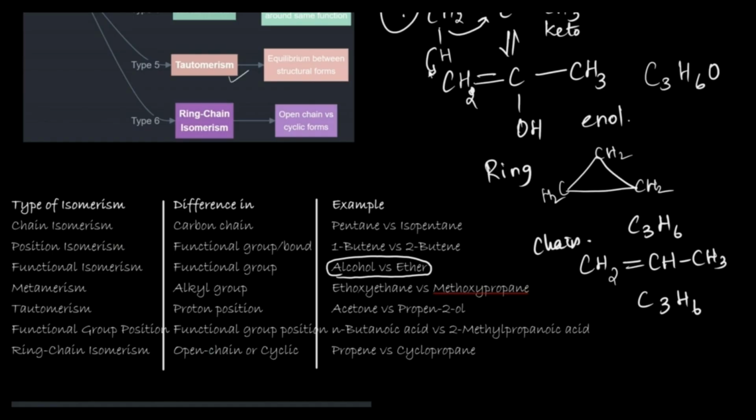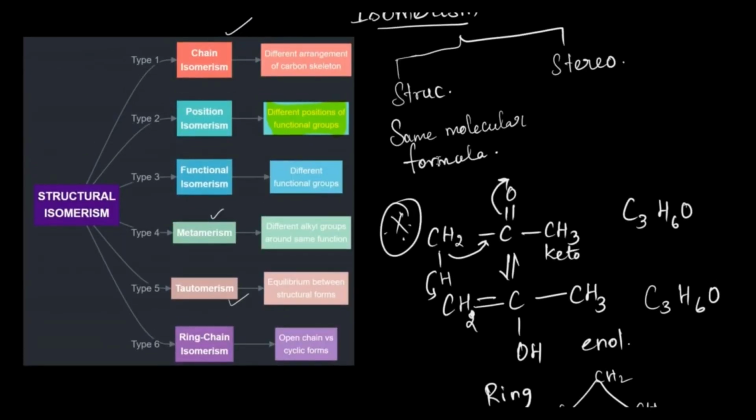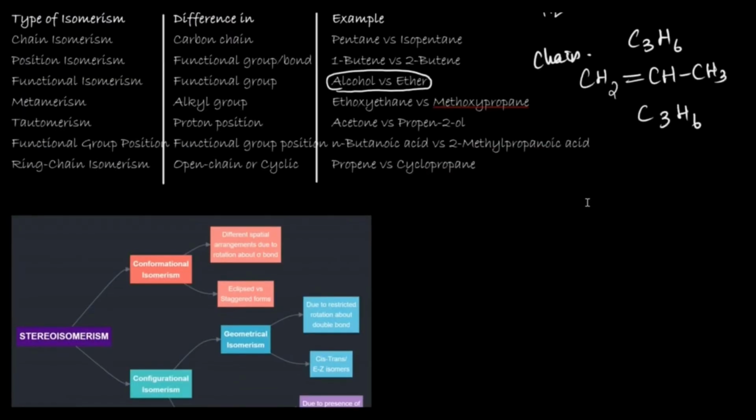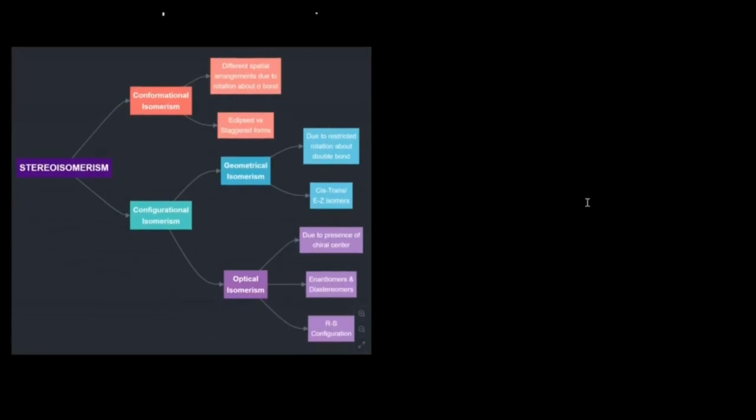Now let's move on. The next part of isomerism is stereoisomerism. Stereo is not like sound. Stereoisomerism has different spatial arrangement. Structural isomerism is about how things are arranged; this is about where they are arranged. It is further classified into conformational and configurational.